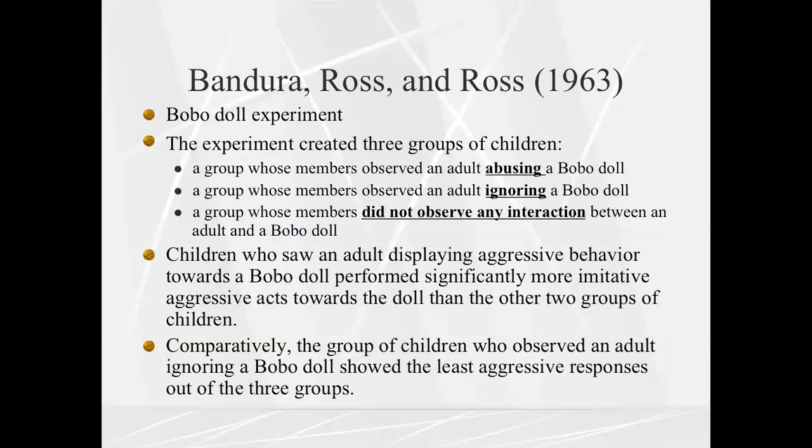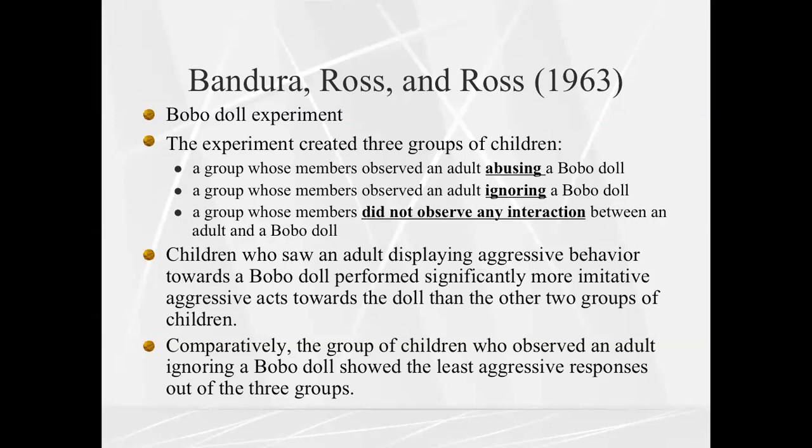Now, there is a famous Bobo doll study. Bobo doll is an inflatable clown. Albert Bandura and his colleagues did this research in which they wanted to see the impact of observing aggression and copying aggression. So they had three groups of children. One group of children observed an adult figure.